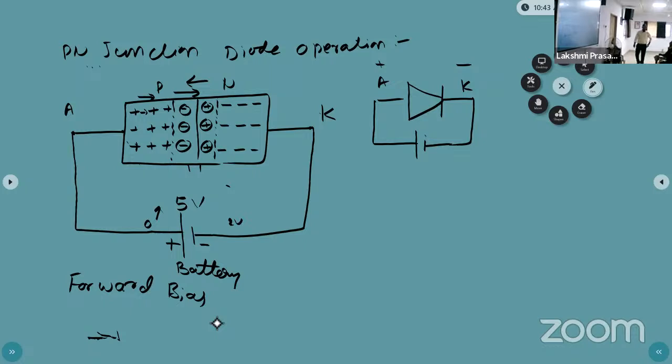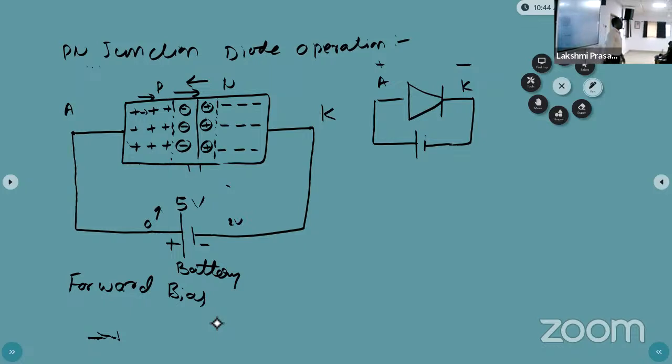Okay, now the diode is connected in forward bias. Bias is nothing but applying the power supply to the electronic component. Here the electronic component is the diode. So for the diode we are connecting the battery, and that is called biasing. Which biasing are we using?